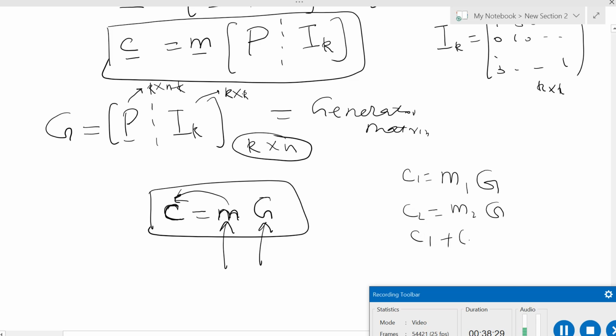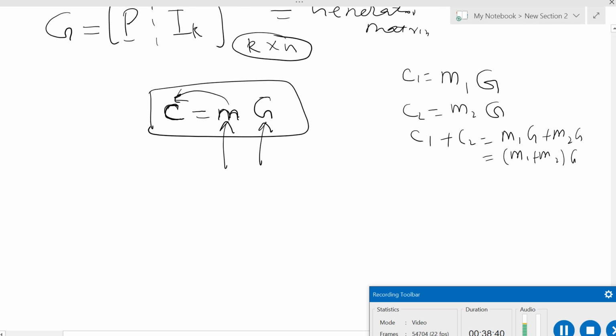When you add them up, M1G plus M2G, you get (M1 plus M2)G. Now M1 XOR M2 will be another message, suppose M3. So this will be another code word. We say that the operation is closed under modulo addition: you add two code words, and the third thing will also be a code word.